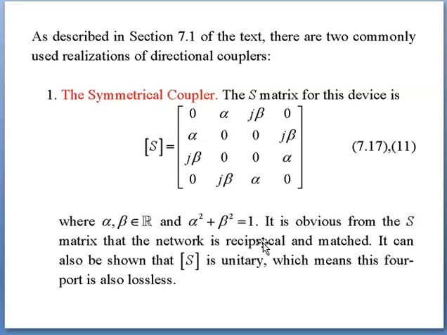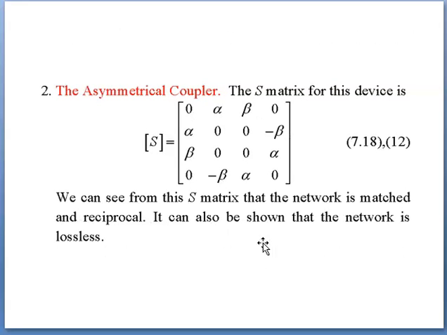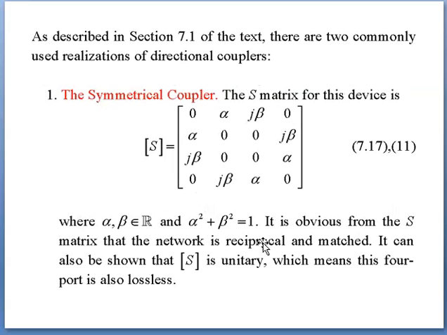Now, there are two commonly used realizations of the directional coupler. The first one is the symmetrical coupler, and the second one is the asymmetrical coupler. For the symmetrical coupler, the S matrix for this device is equation 7.17. If you see the S matrix, you can see that it is symmetrical.